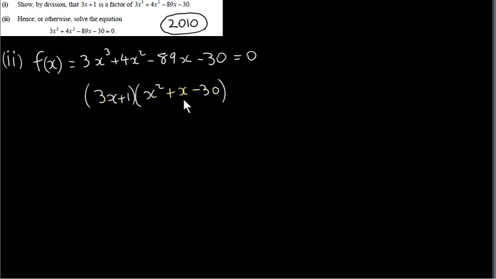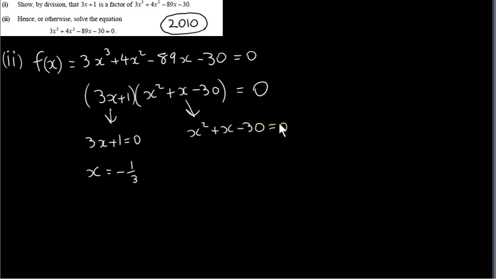There was no remainder, so these multiply out to give this back. So you should be familiar with what to do next from previous videos. If we put this equal to 0, we get a root x equals minus a third. Then we put this quadratic equal to 0, because the product is 0. We have 0 on the right hand side here.